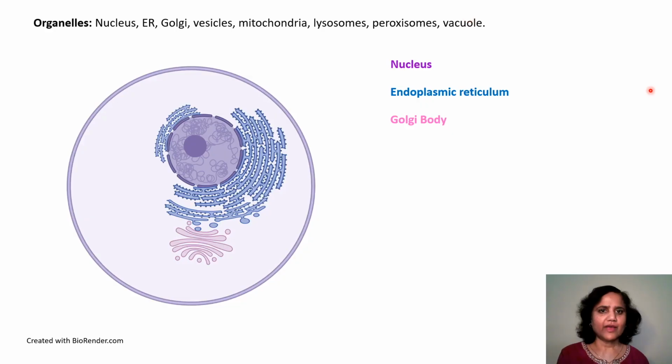The cell also has numerous types of vesicles, such as the secretory vesicles already mentioned. There are also ribosomes in the cell, many of which are associated with the endoplasmic reticulum, and in such a configuration, the endoplasmic reticulum is referred to as the rough endoplasmic reticulum.